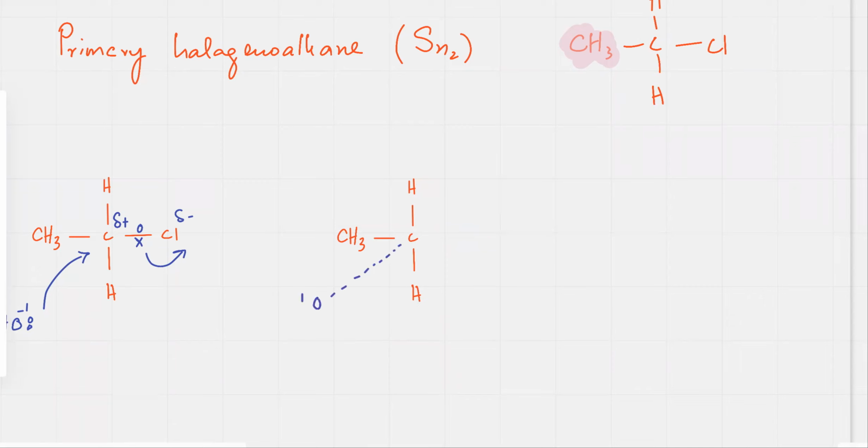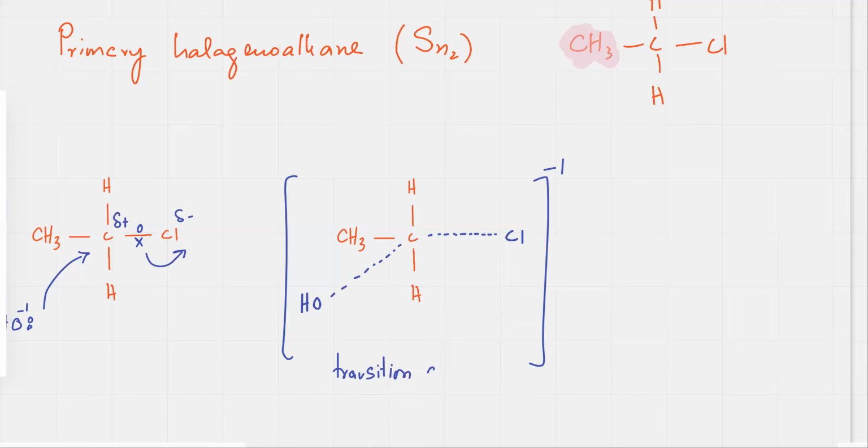The OH is trying to bond with the carbon atom and the Cl is trying to leave. This entire thing is going to have a -1 charge, and that's known as your transition state. Is this clear? Do you remember this stuff? Yes, sir.